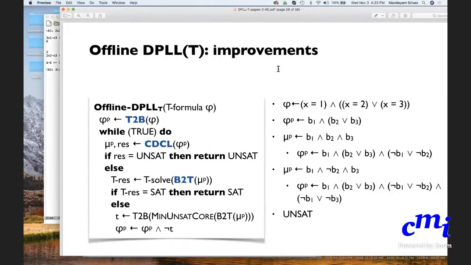Sir, one trivial way to handle OR would be to just do it one by one, I guess. Yeah, you could do that. But what is the idea of DPLL?